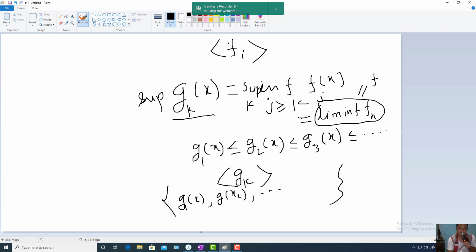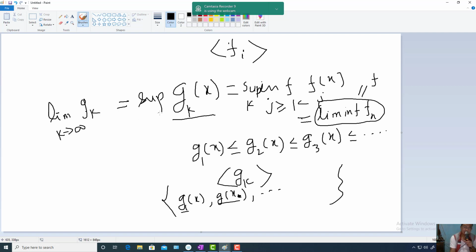That means g1(x) is less than or equal to g2(x), with the same x. So since it is increasing, the supremum will happen when k tends to infinity. This supremum is equal to the limit as k tends to infinity of gk.